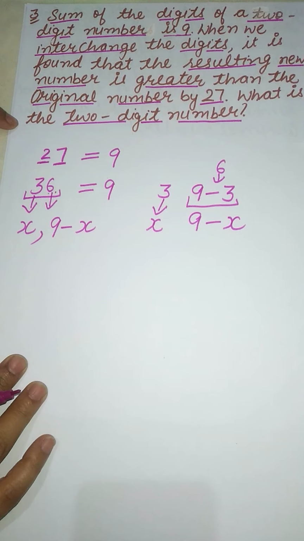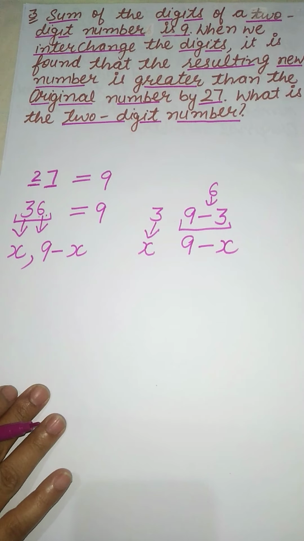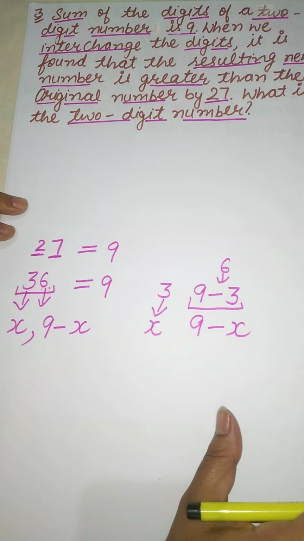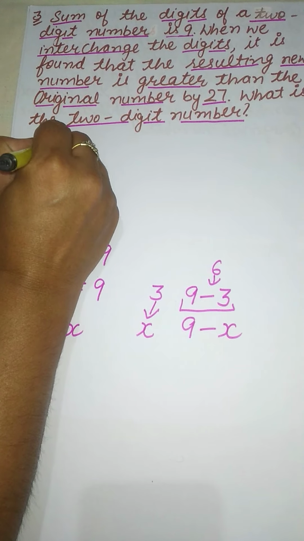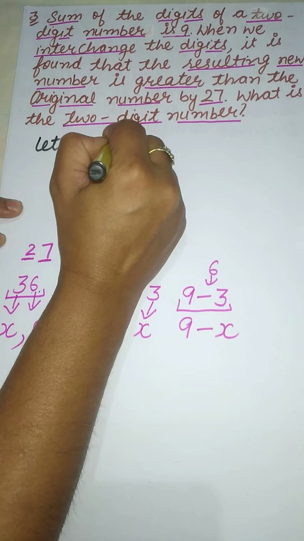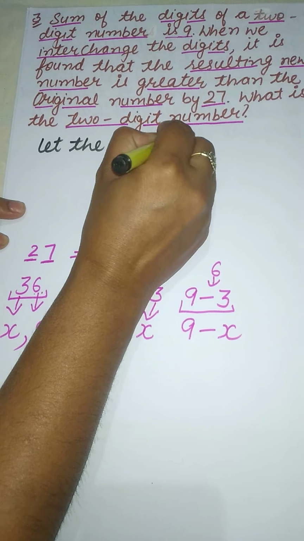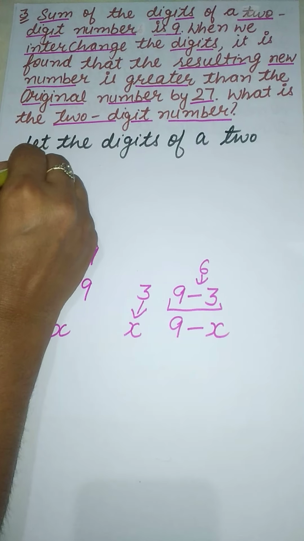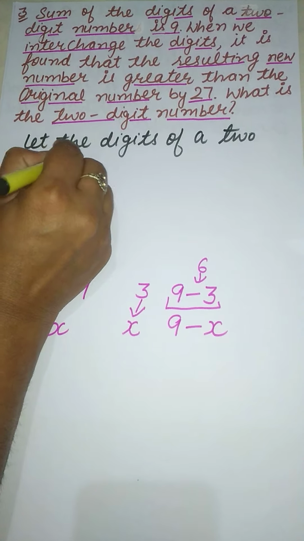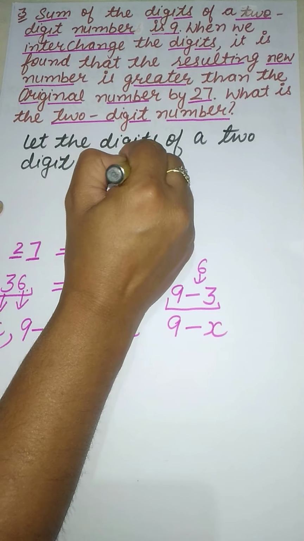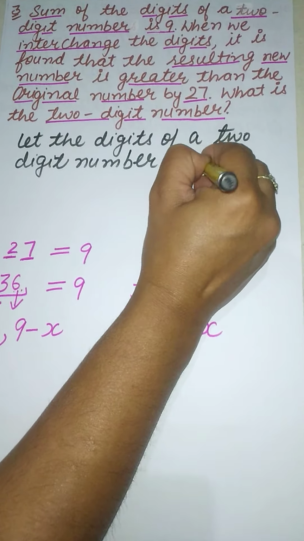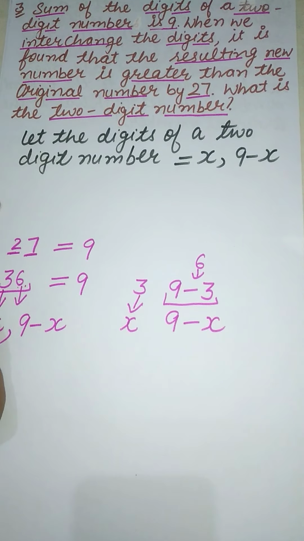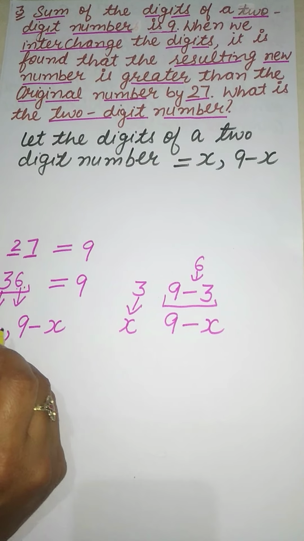So, firstly we will let the digits of a 2-digit number be x and 9 minus x. Now how is the number formed?